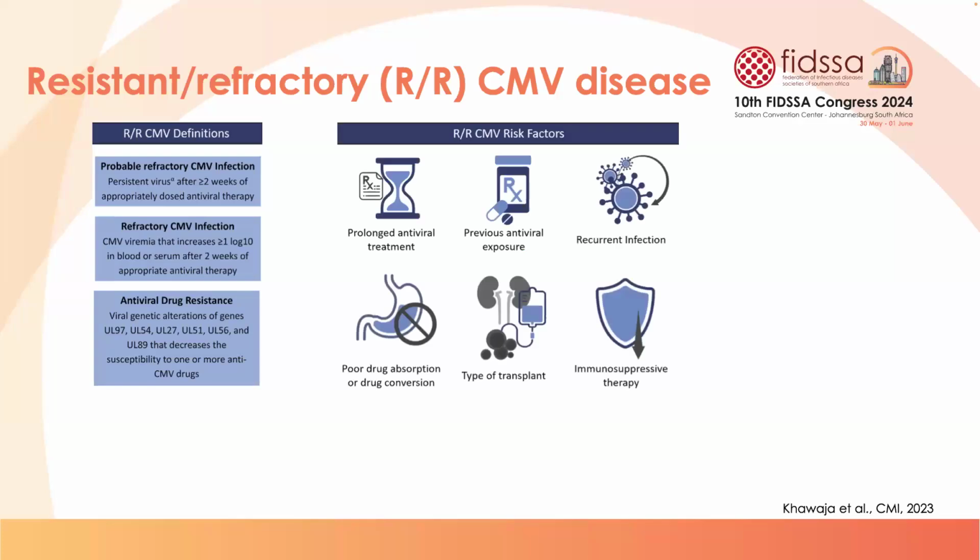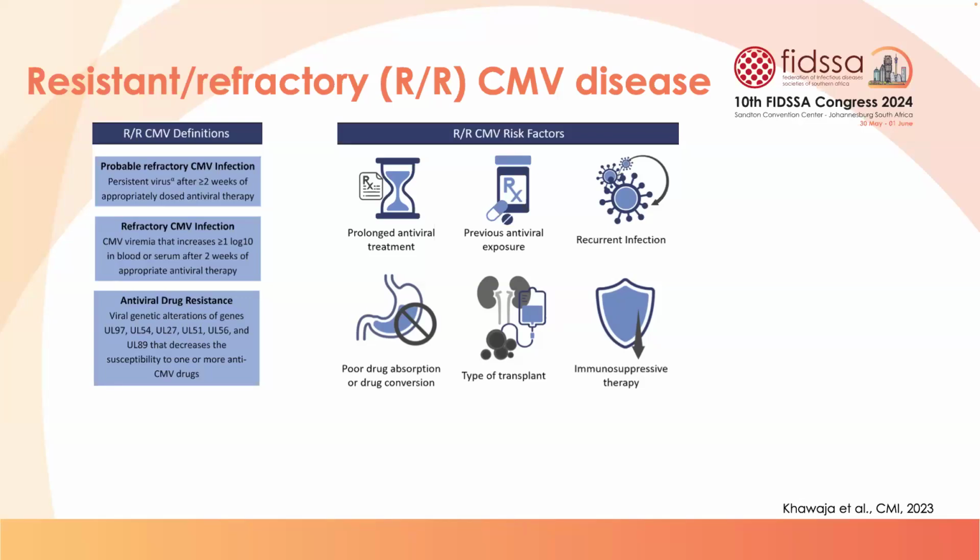But who are the patients that are at risk of resistant or refractory CMV? Generally, you need to have had significant exposure to an anti-CMV drug. Some patients who've had recurrent infection, or those that are getting subtherapeutic levels due to other reasons like poor drug absorption. Some transplants are more associated, like small bowel transplants.